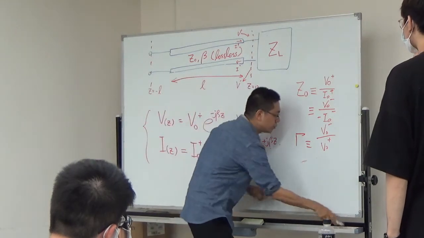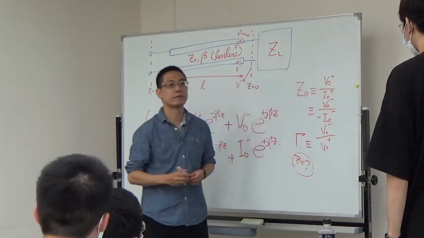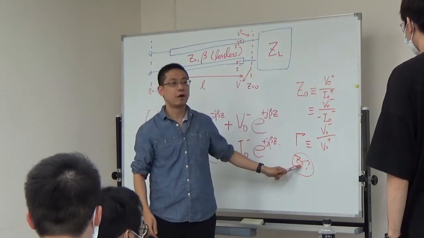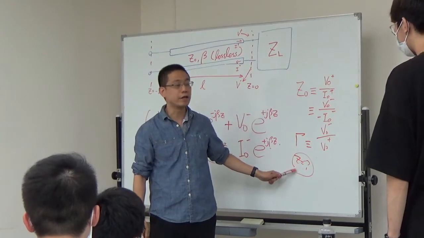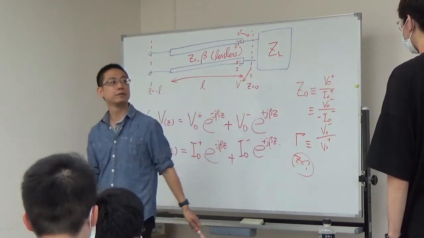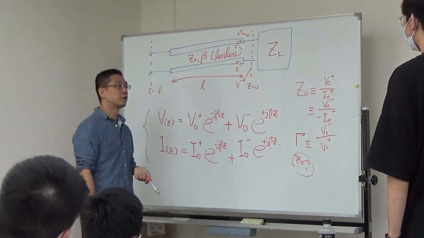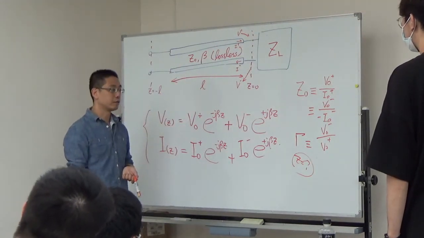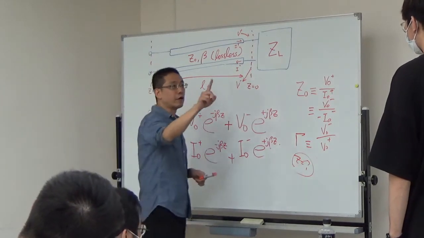Z equals 0, everywhere, or what is the definition of your gamma? So everywhere, Z equals, okay, 2 points, okay.